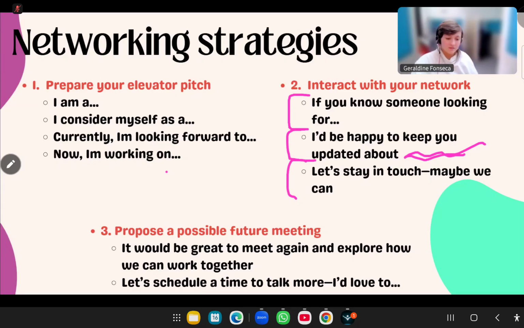And finally, guys, these are mainly some phrases that might be a little bit indirect. They are friendly though, and obviously they can help you open a space for meetings in the future. So what I put here were mainly phrases that you can use in each part, whether you are interacting, creating your elevator pitch, or proposing future possible meetings.